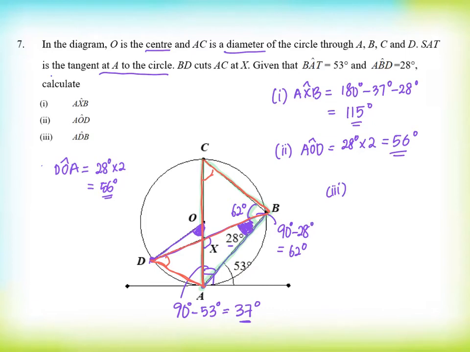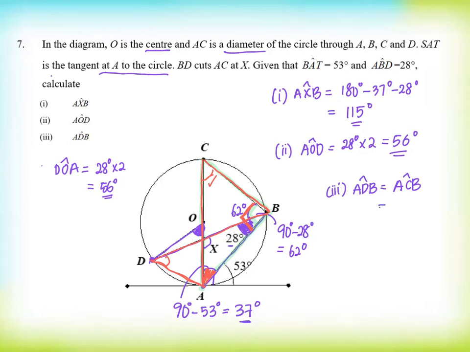And we know from here, we have this angle is 37 degrees. We have this whole thing to be 90 degrees. Are we able to find this angle? Yes. So that's the case. We shall say angle ADB is actually equal to angle ACB by angles in the same segment.